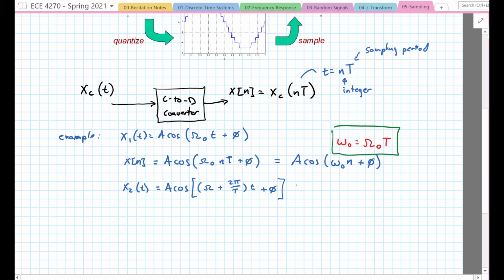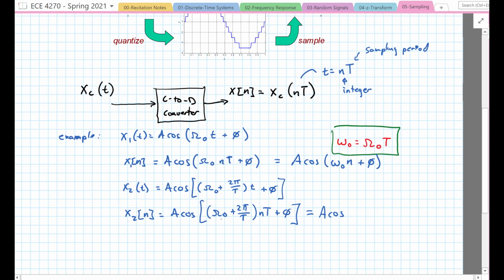So when we sample that, we get x2, so I should put the x1 up there. x2 of n is going to be a cosine, and now we get Omega naught plus 2 pi over T, all times nT plus phi. And you might guess that I chose this for a reason. I didn't just pull it out of a hat, and you would be correct.